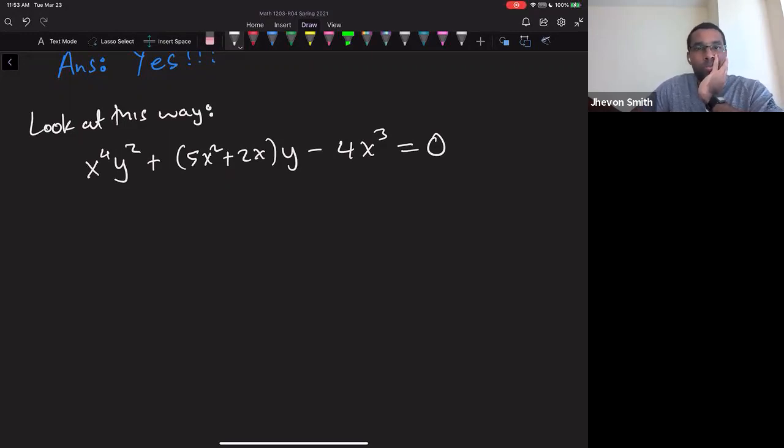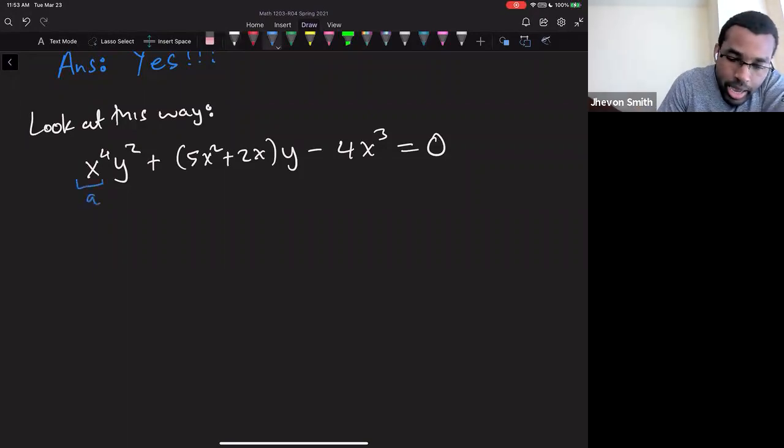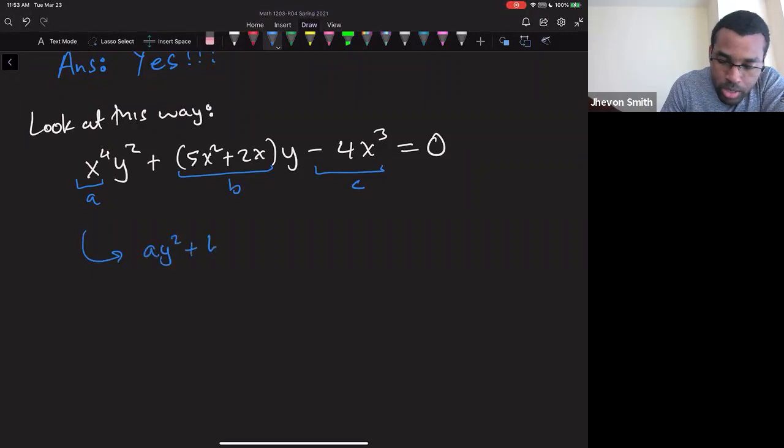It's a quadratic equation. So I have something times y squared plus something times y plus something with no y's in it equals 0. That's a quadratic equation, right? If I look at this like that's my a, that's my b, and that's my c, what I have here is a y squared plus b y plus c equals 0. It is quadratic.